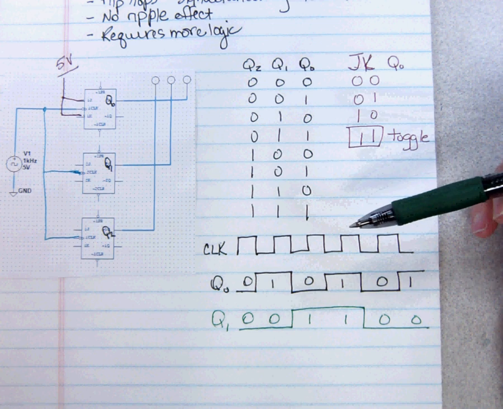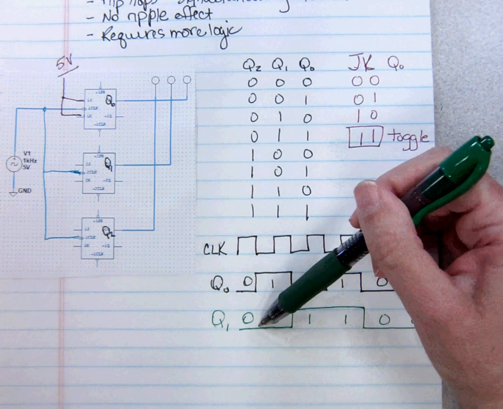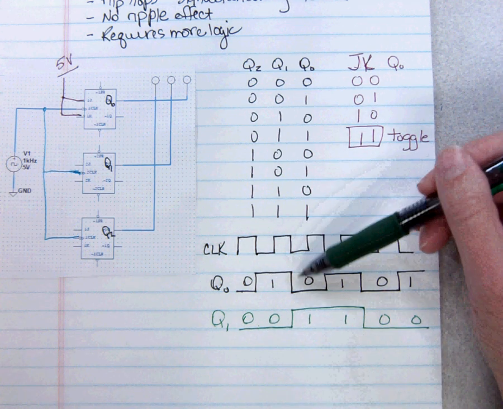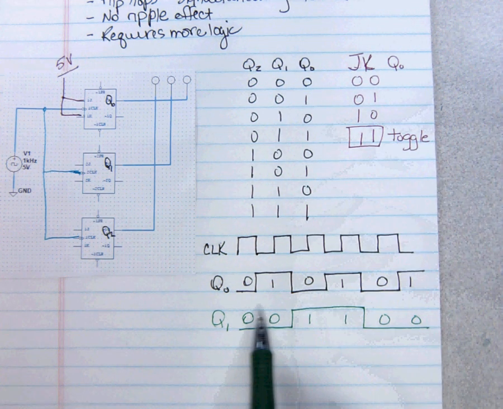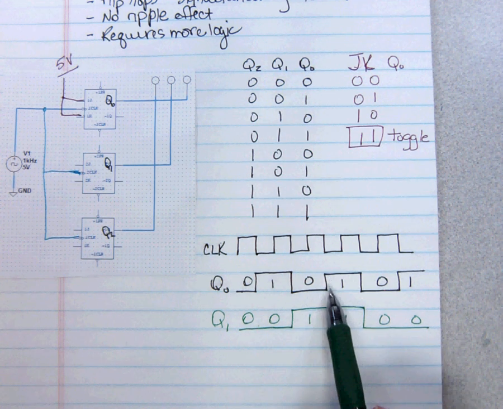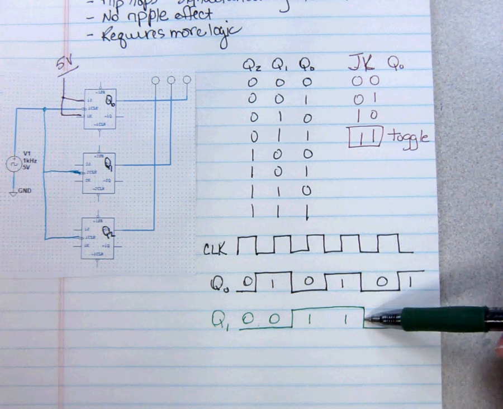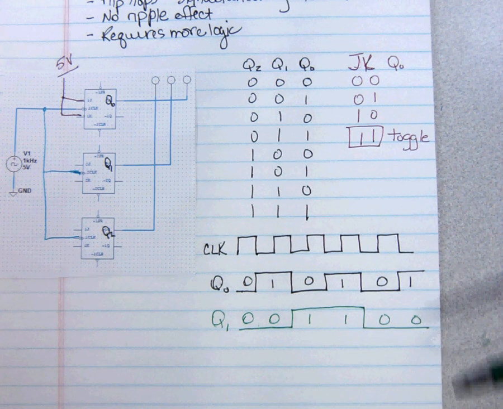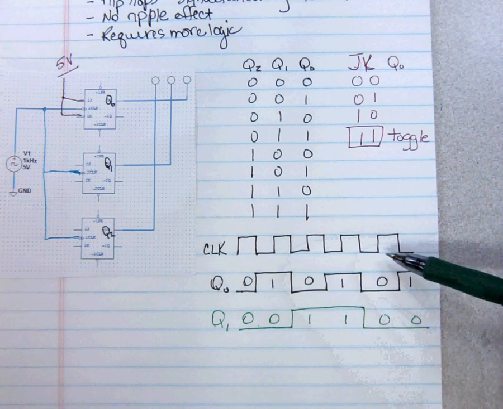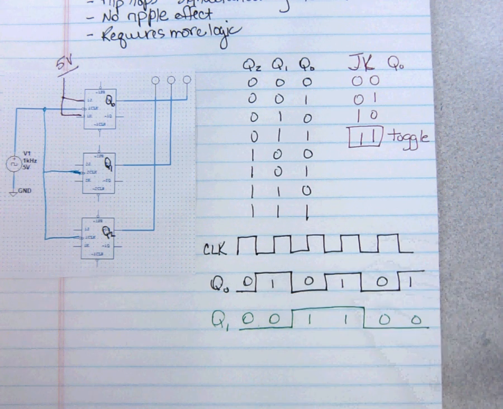So without any other logic, every time I have a falling edge, I should have a change here. But notice it only changes every other falling edge. Here was a falling edge, no change. Next falling edge is when I change. So there has to be some additional logic. I can't just let it alternate on this clock or the output will look just like Q0.